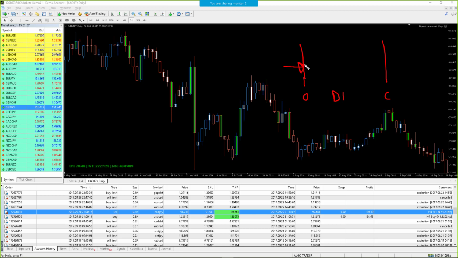And price is ultimately looking for liquidity to decide its direction. So price will drift higher. It'll drift in the direction of the thinnest liquidity until it finds a thick liquidity that will cause it to potentially move in another direction. So price will drift higher. It'll find a limit order here, and this limit order may or may not be substantial.